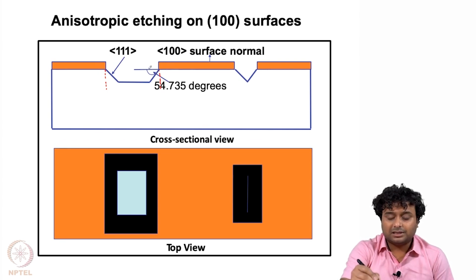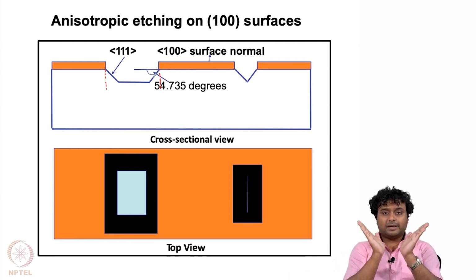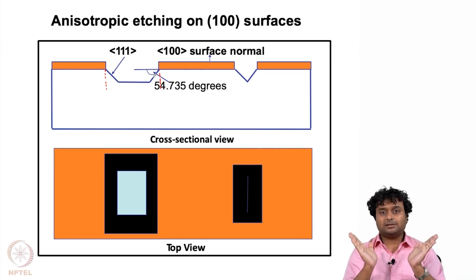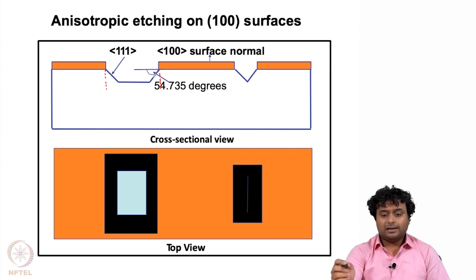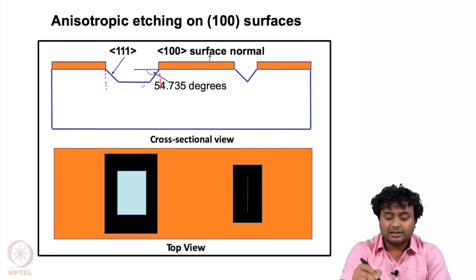So this angle is 54 degree, and in this 111 plane the etchant will move very slowly, because once the 111 plane is open, the etching rate in this direction goes very slowly, right. That is why this surface opens up, and depending on the depth, you can form this kind of U shape or V shape pattern, where the bottom edges can merge, depending on the opening.